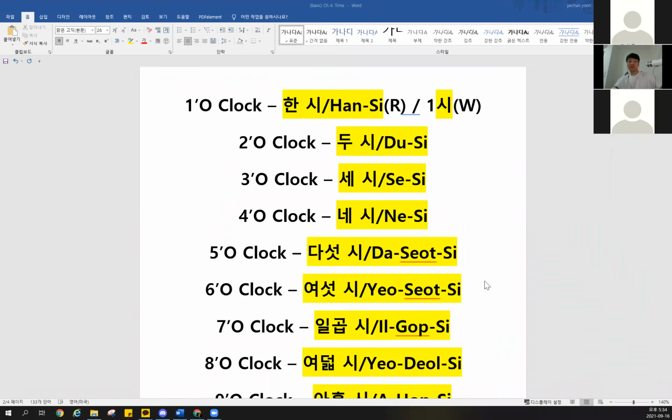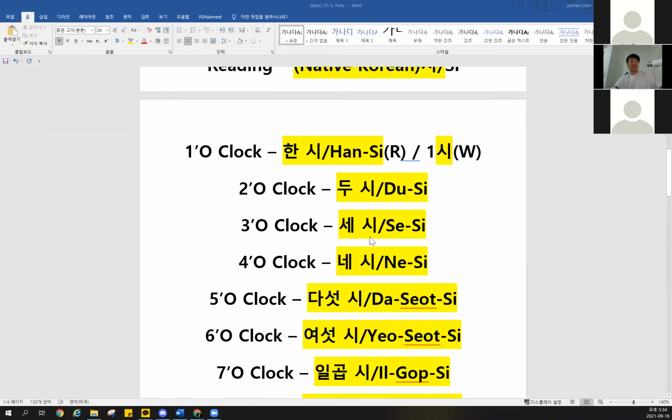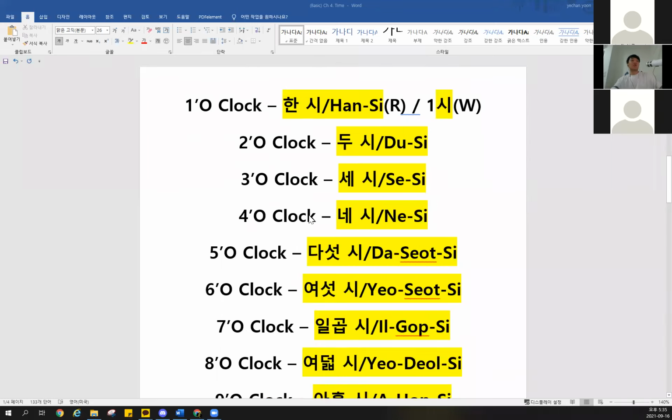All of those things are going to be the same, okay? And how about 2 o'clock? You can say 두시. 3 o'clock, 세시. 4 o'clock, 네시. 5 o'clock, 5시.